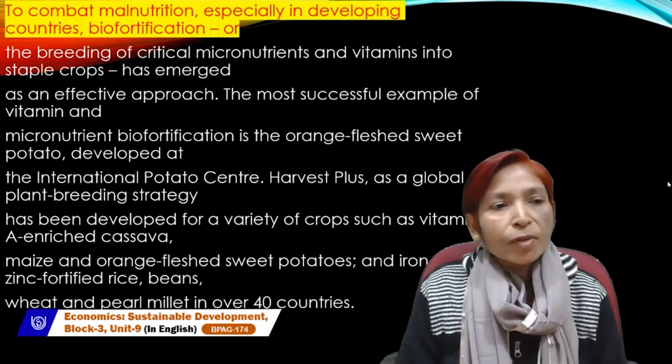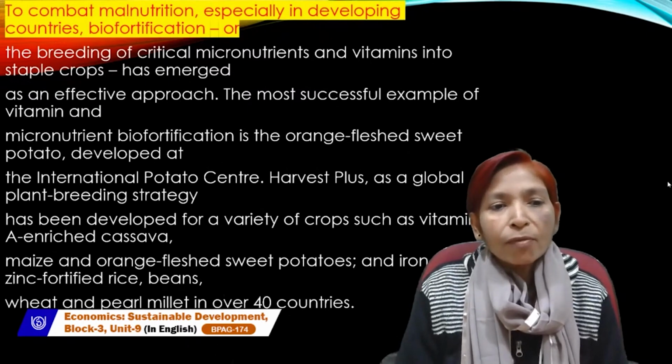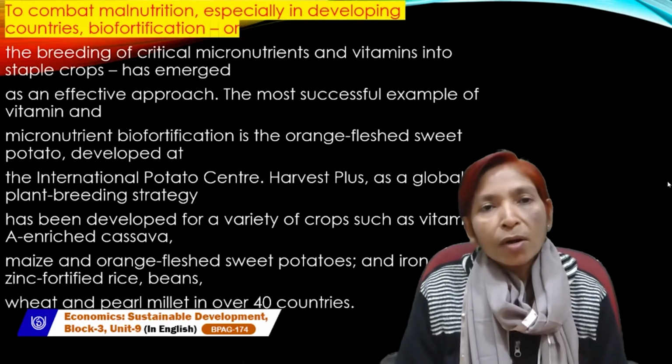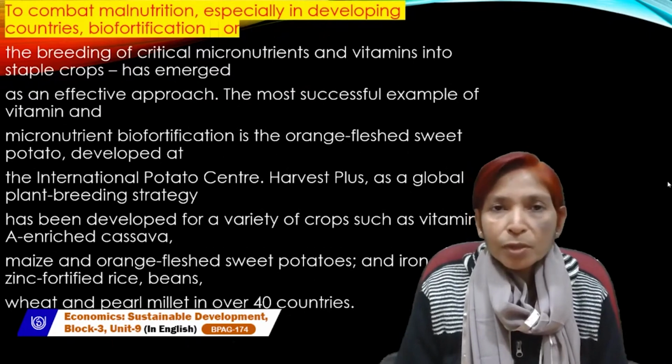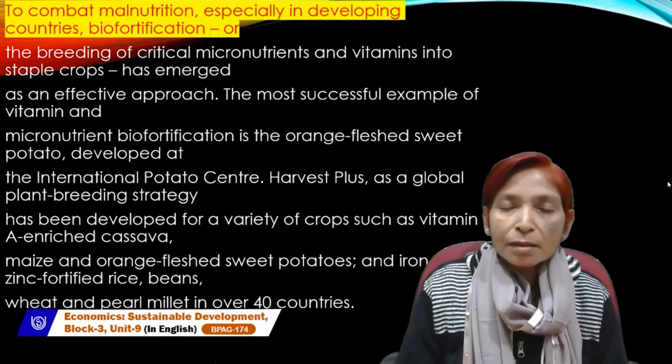The most successful example of vitamin and micronutrient biofortification is the orange fleshed sweet potato developed at the International Potato Center.